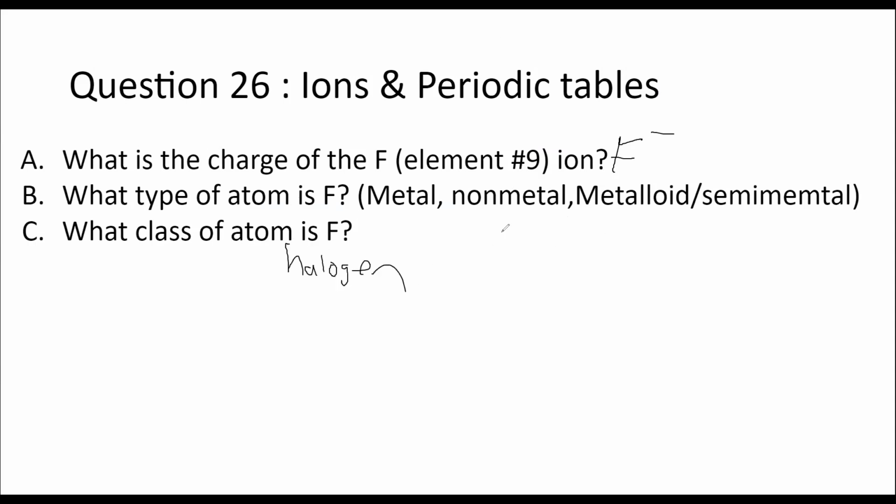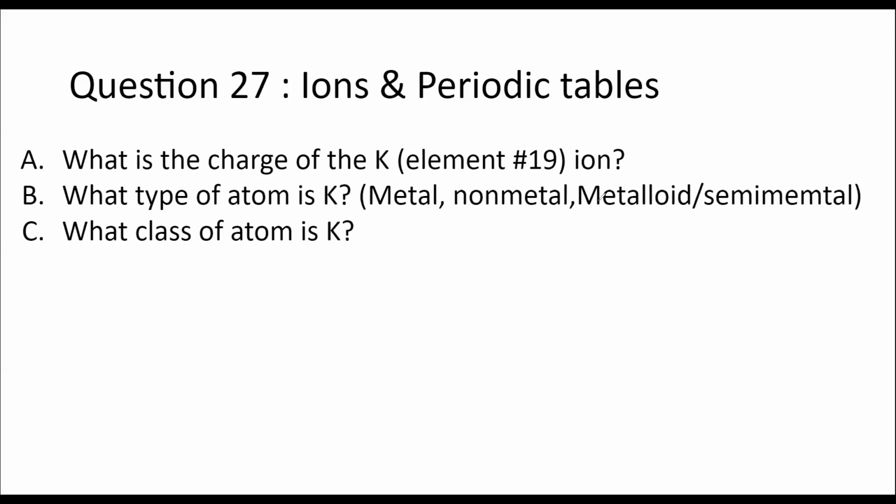And halogens are non-metals. Right, moving on. K, potassium. So potassium is going to form a +1 charge. Potassium is a metal. This is an alkali metal. It's group 1.